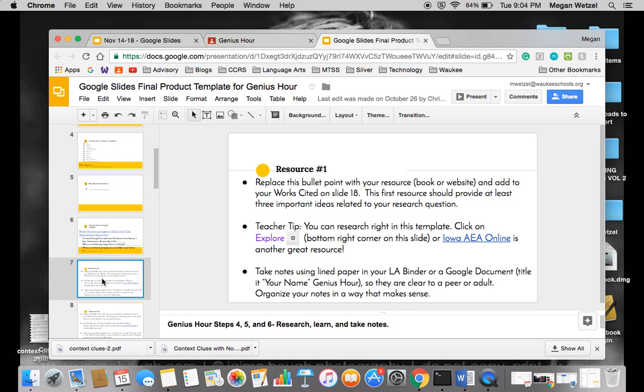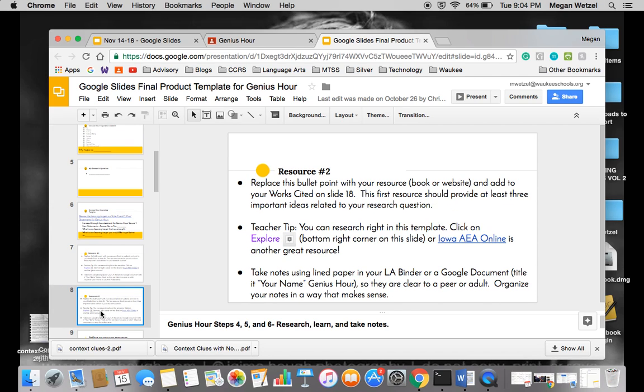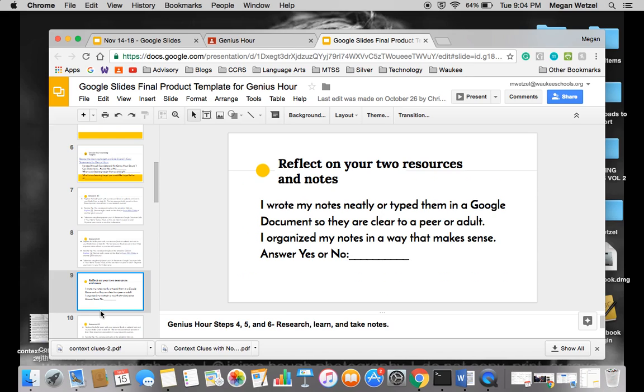Next, you are going to conduct your research, learn and take notes. That's steps 4, 5, and 6 in this process. Okay. You may be taking your notes in your binders on paper. You may be typing it into a Google Doc, but in some way, your 2 resources should be typed or written neatly and organized.